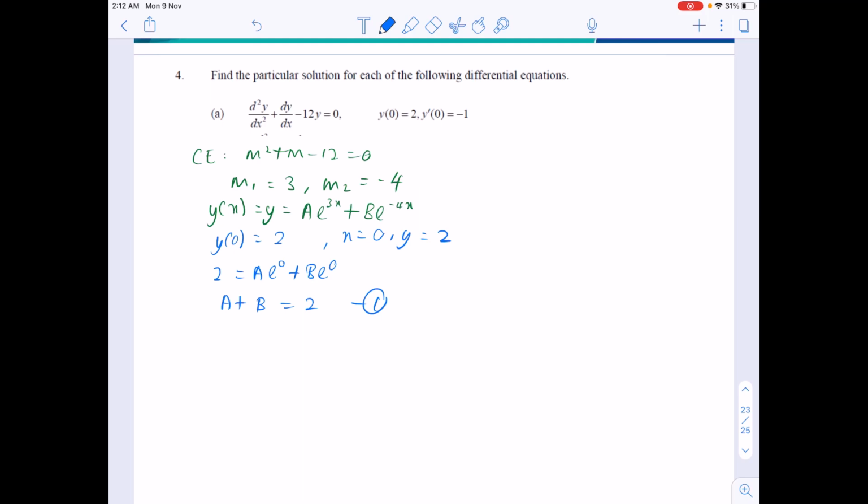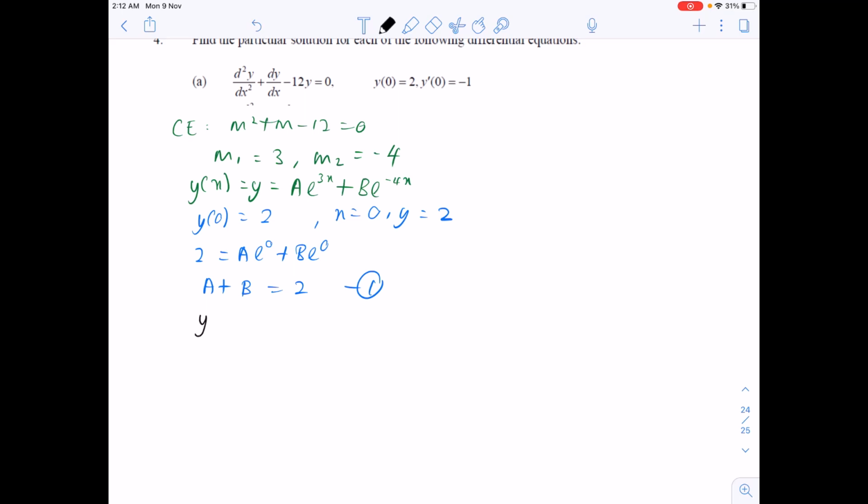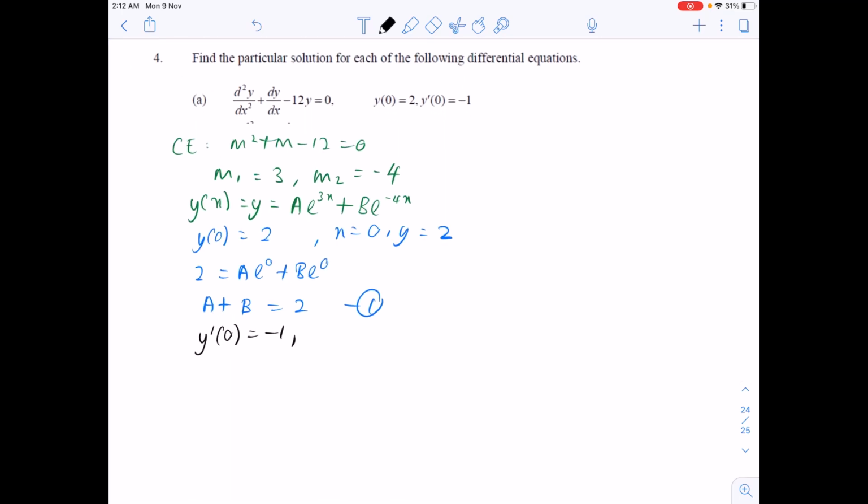Okay, and then we have a second condition, which is y prime 0 equals minus 1. This one brings us x equals 0, y prime equals minus 1. Obviously, we have to find y prime, meaning we have to differentiate the general solution.